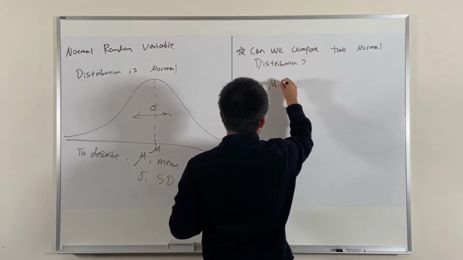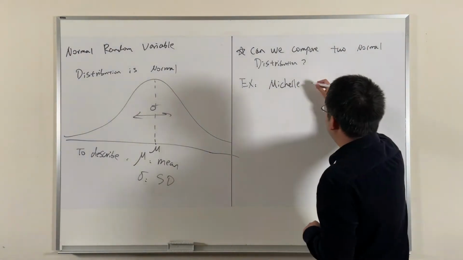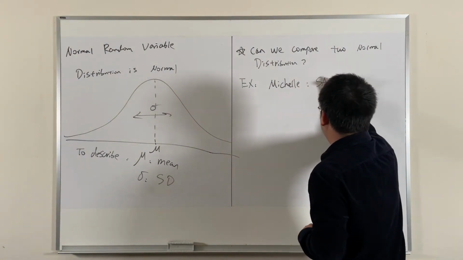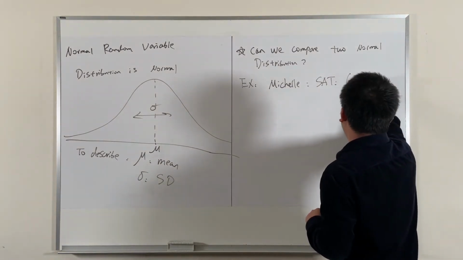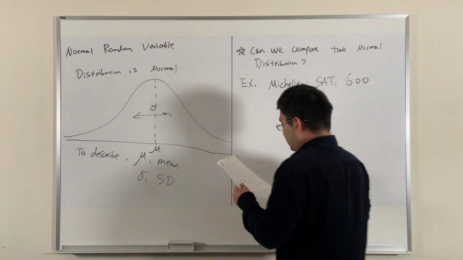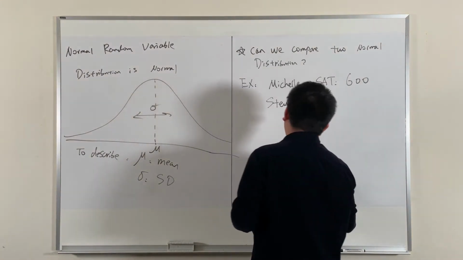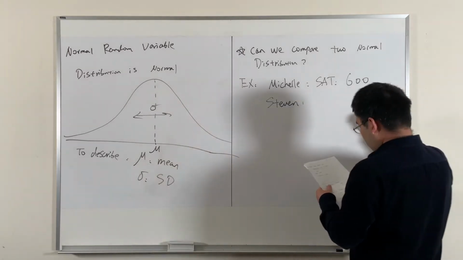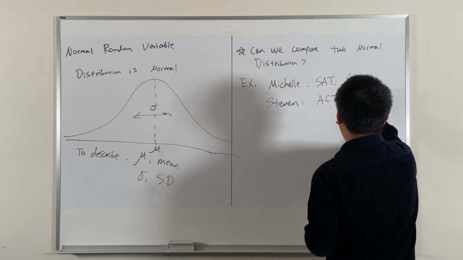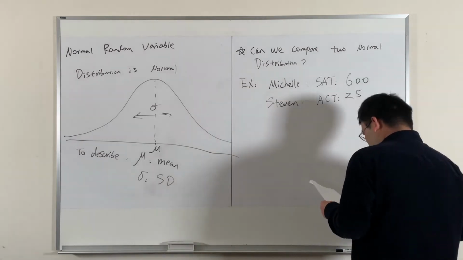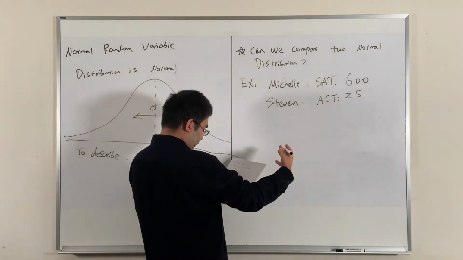Say Michelle, when she applied to college, she took the SAT and got a score, say 600. And then for Steven, when he applied to college, he took the ACT and got a score of 25. Okay, so let's talk about the national values.